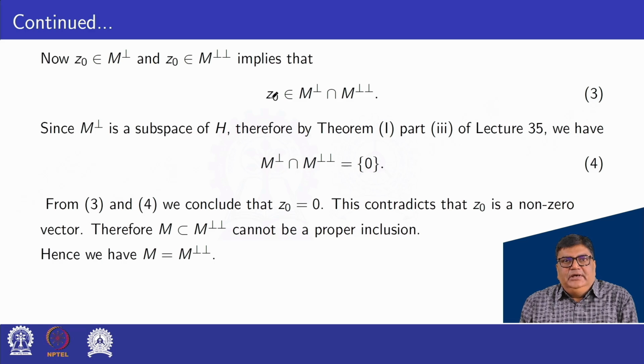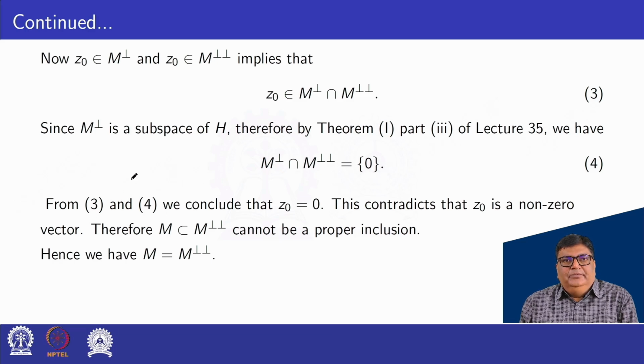This implies that Z0 is an element of M perpendicular intersection M double perpendicular. Since M perpendicular is a subspace of H, therefore by theorem 1, part 3 of lecture 35, we have M perpendicular intersection M double perpendicular is the singleton set {0}.